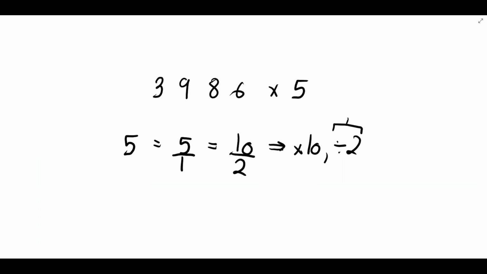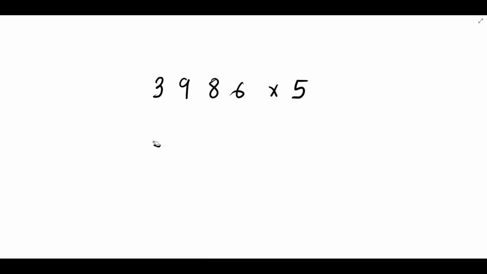Divide by 2 means you're halving it. Okay? So let's do this one example. 3986 into 5.